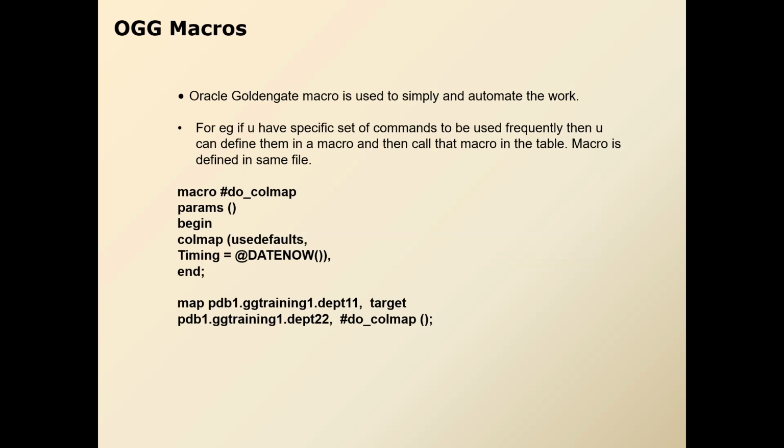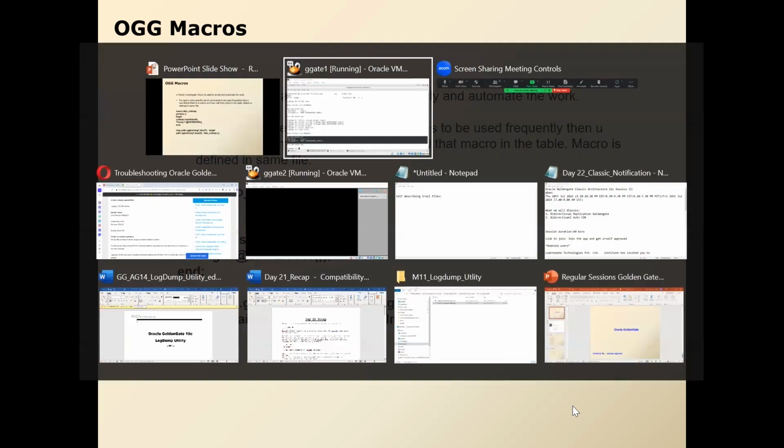And if you have, for example, the same command used frequently in the parameter file, then you can define a macro and then call that macro inside the parameter file. So let me give you an example for it.